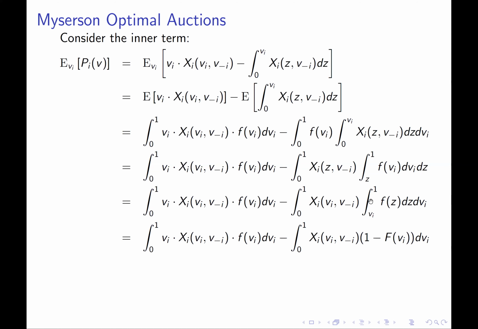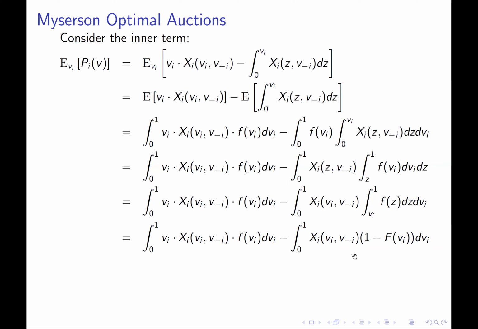So recognizing that, I can replace this inner integral with just 1 minus capital F of vi, 1 minus the cumulative distribution function of my distribution, right? F of vi, remember, is just the probability that a randomly drawn value is smaller than vi. And so 1 minus F of vi is just the probability that a randomly drawn value is larger than vi. Okay, that's exactly what this integral was representing. It's the probability that a randomly drawn value takes some value that is larger than vi.